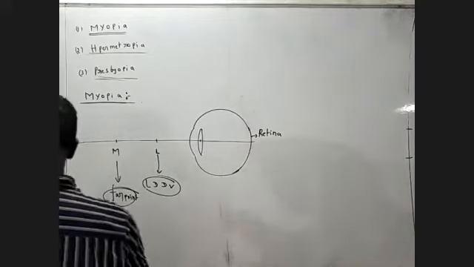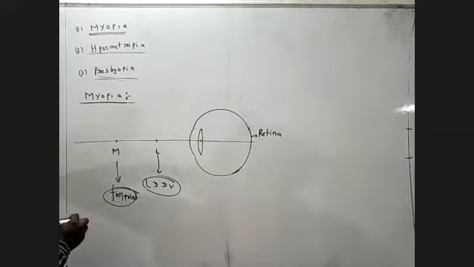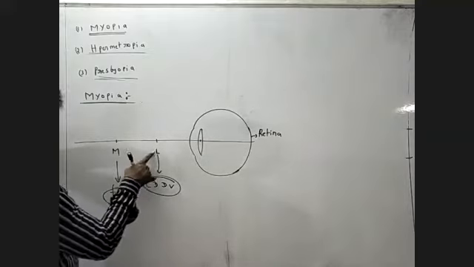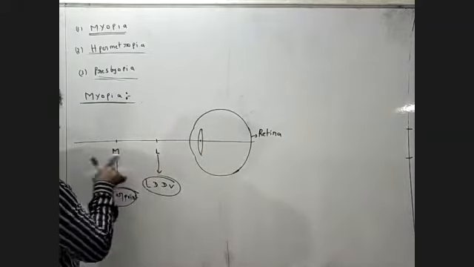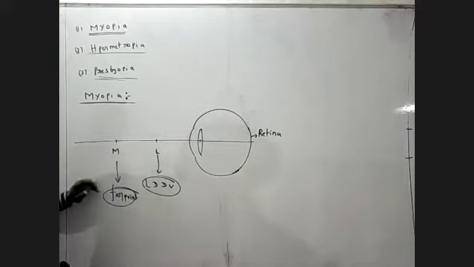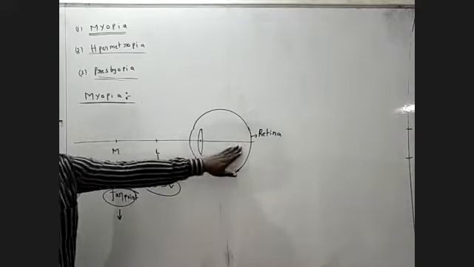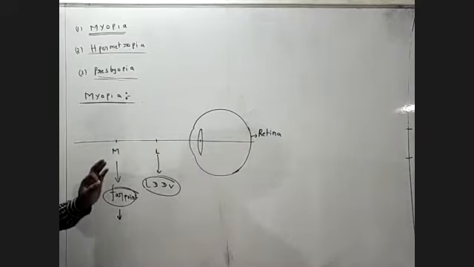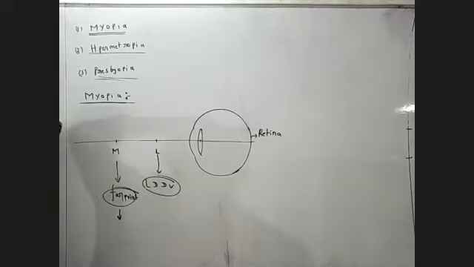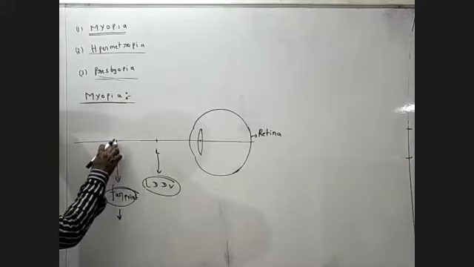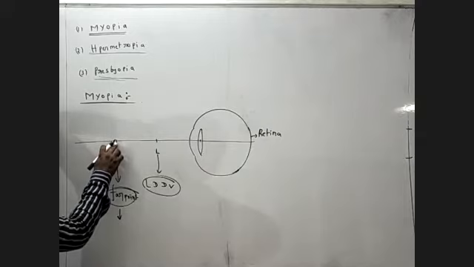When we are getting this problem, this is the least distance and this is the far point. At the far point, I can form an image on the retina. This is the maximum point at which I can form an image on the retina.